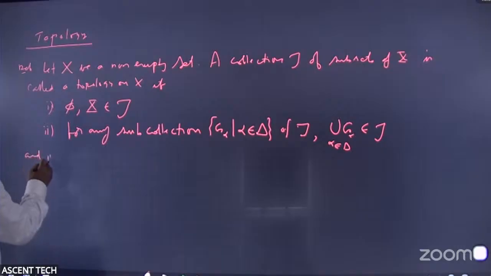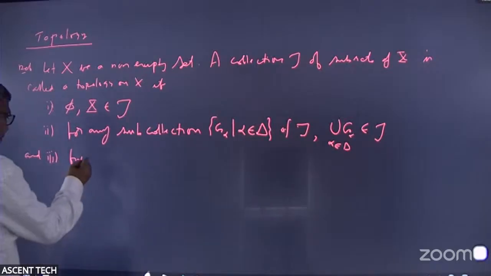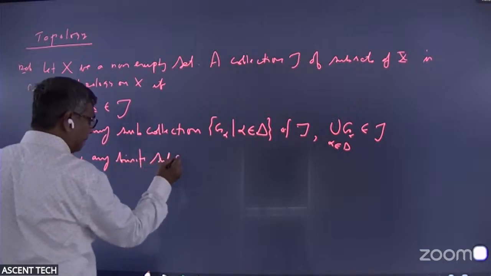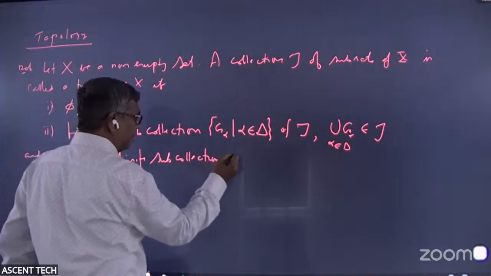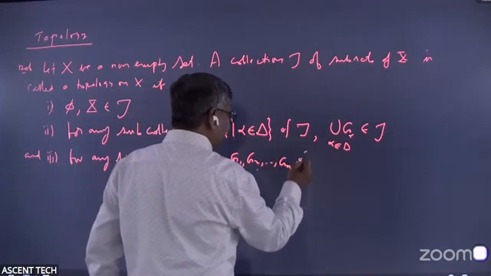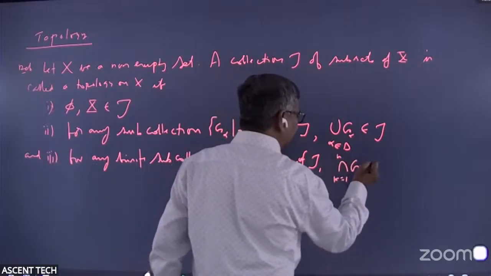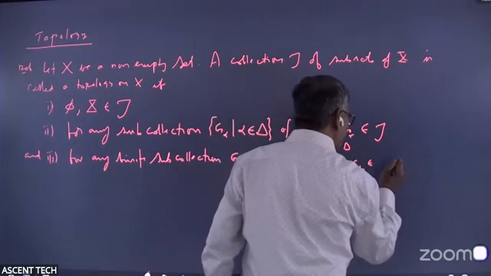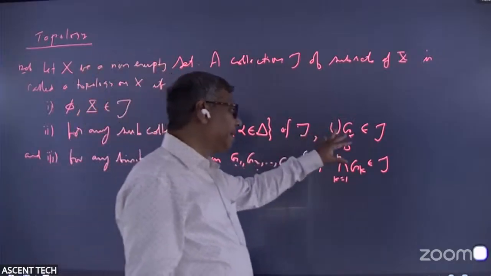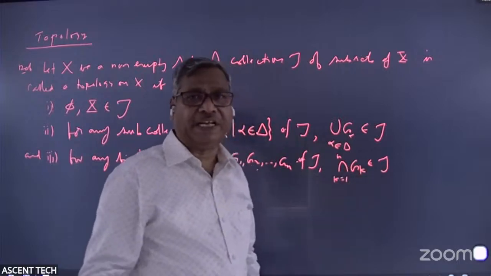And 3, for any finite subcollection, maybe G1, G2, etc., Gn of T, their intersection over Gk, k equal to 1 to n, is also in T. That means if you take finitely many, their intersection should be in T, but for arbitrarily many, their union must be in T. I'm not asking arbitrarily many things intersected to be in T. I don't want to take that as a condition.